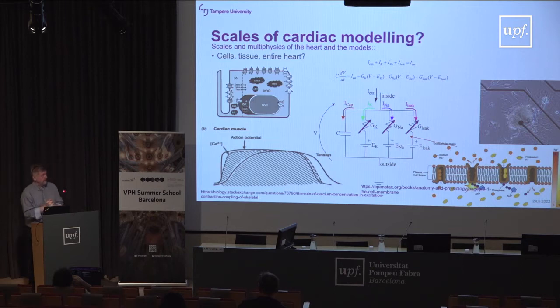So if you think about what we are doing in the computational models of these cells, some of you might know it, it's the so-called Hodgkin-Huxley models that were built already in the 50s. Hodgkin and Huxley got the Nobel Prize for that, and it's a simple model where you have a membrane.